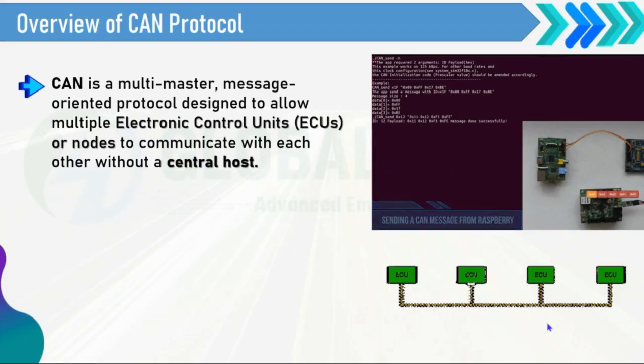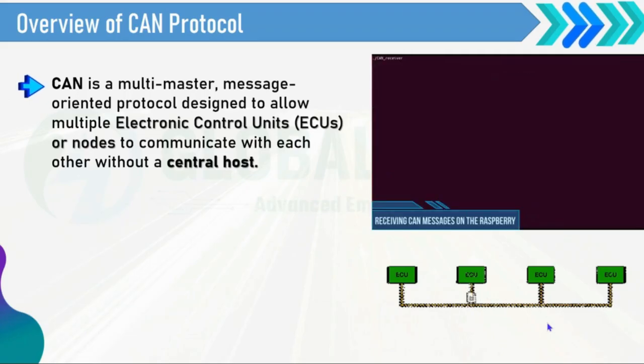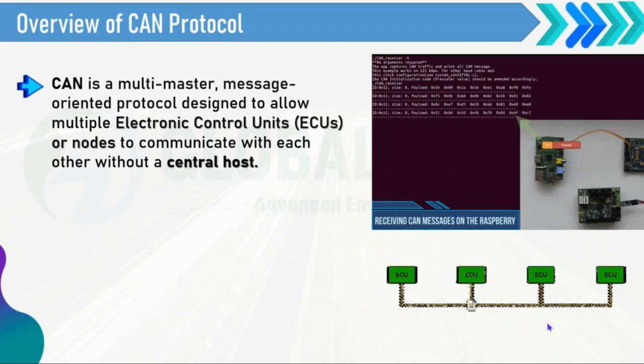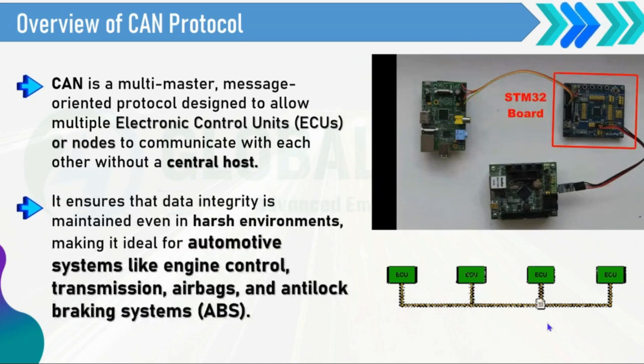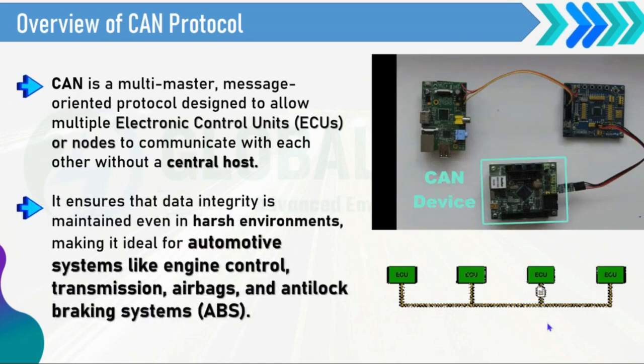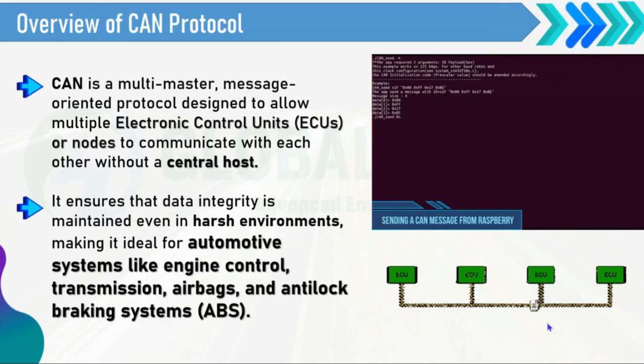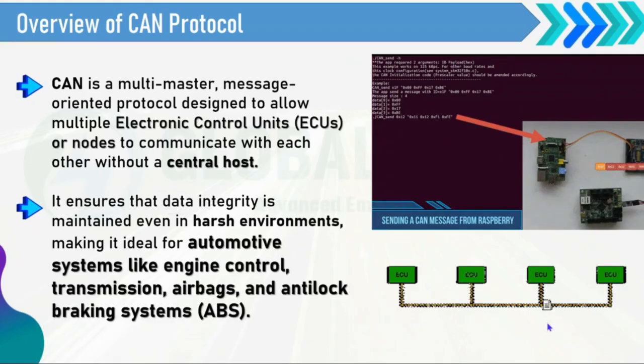It is a message-oriented protocol where data will be transferred between the ECUs, and it ensures that data will be transferred and maintained in a harsh environment, and it makes it ideal for automotive systems like engine control, transmission, airbags, or the anti-lock braking system, ABS.